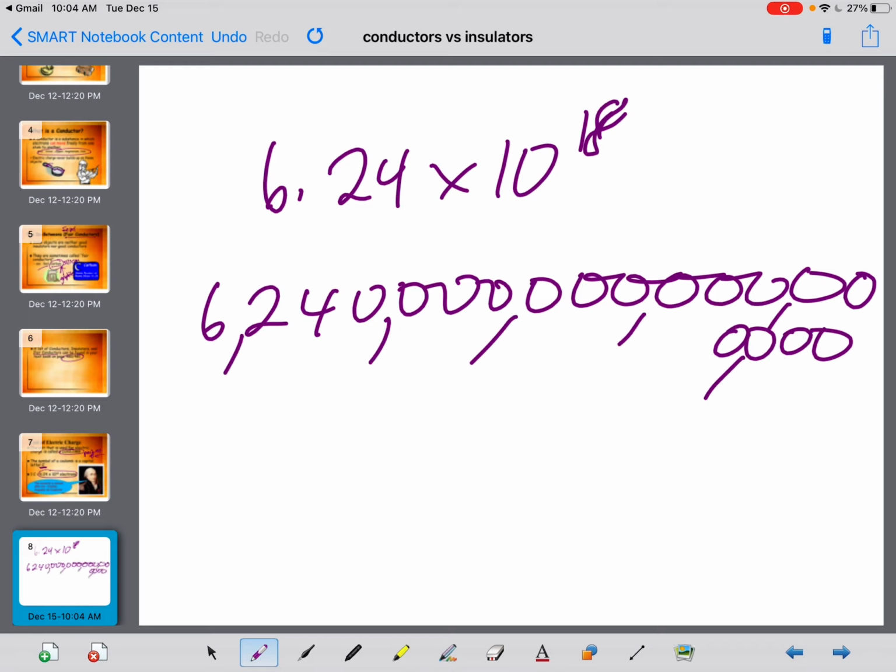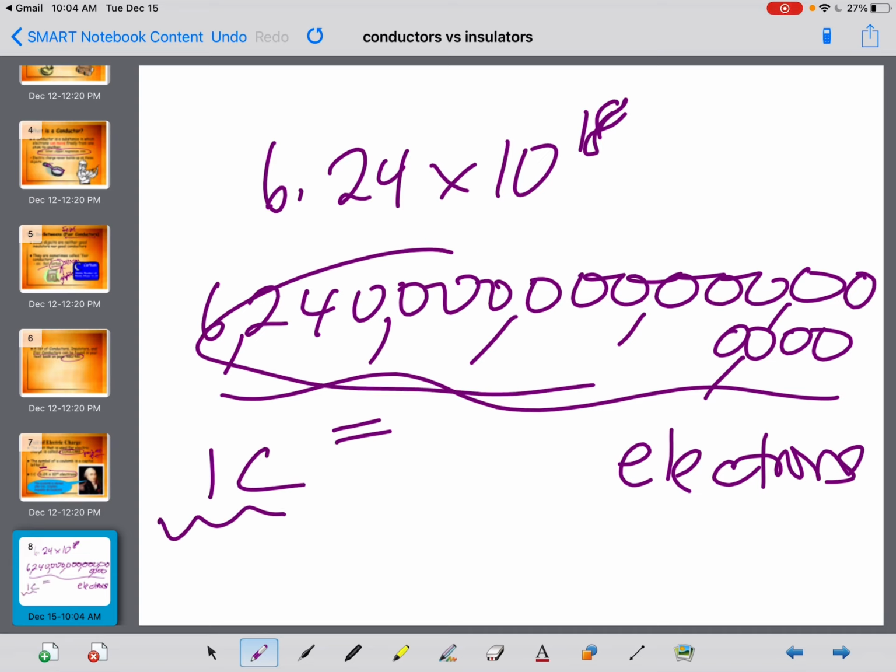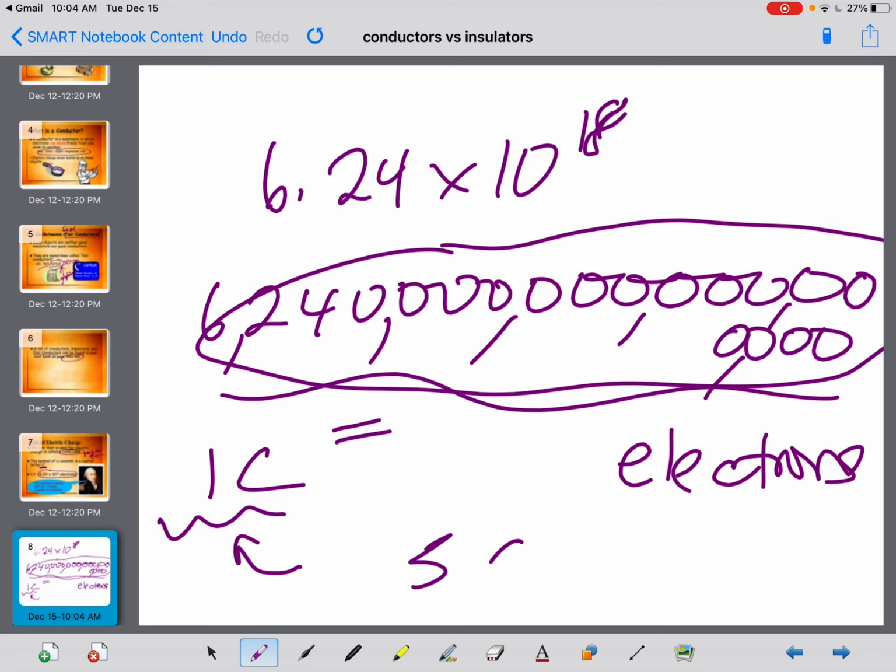So that's huge. This many electrons, remember, they're so small and so light, it's a huge number, but we equate this to 1 coulomb. It's way easier saying 1 than saying this big number. When we get into calculations, it's going to be easier to calculate with the number 1 than putting this number in our calculator. This can change too. Let's say I had 5 coulombs.